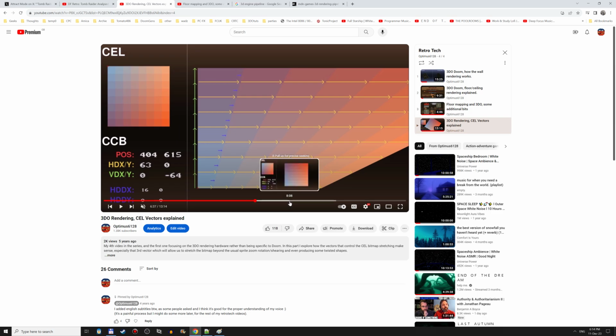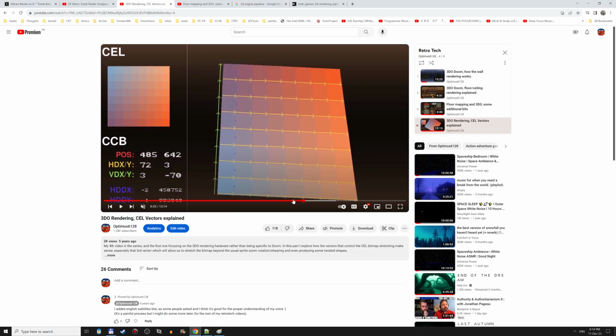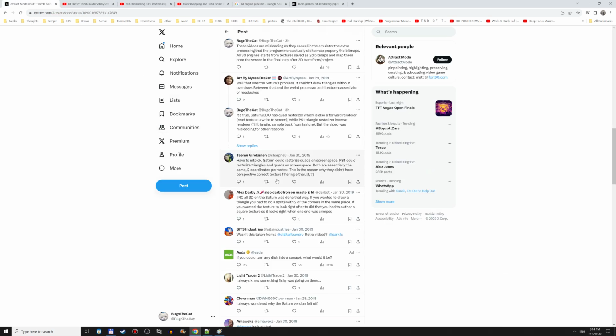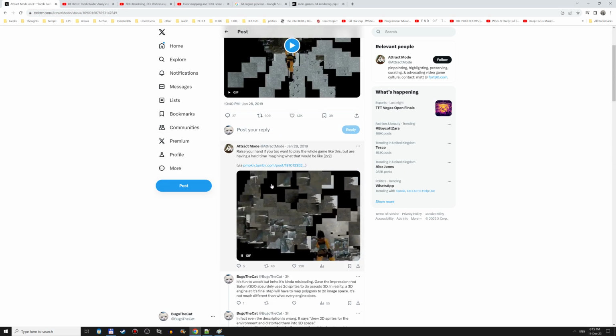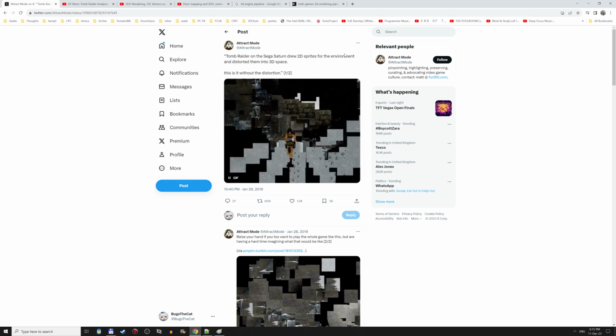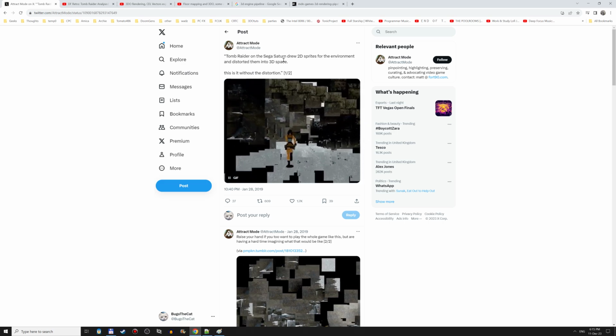The only difference is that the 3DO is going to use, instead of points at the final step, 3 vectors, 1, 2, and the third one, that will allow you to map any arbitrary polygon. I even saw a comment that said it drew 2D sprites for environment and distorted them in 3D space.